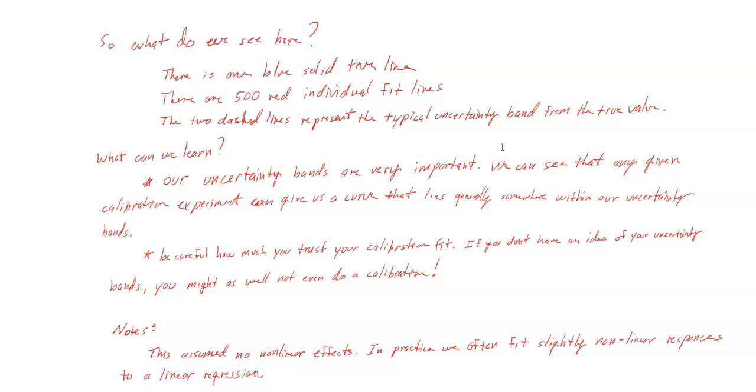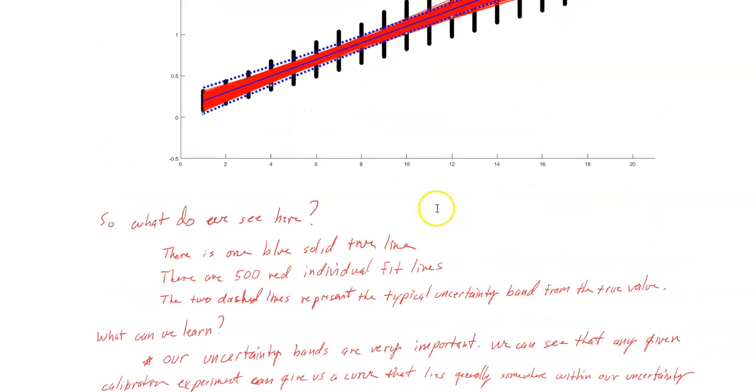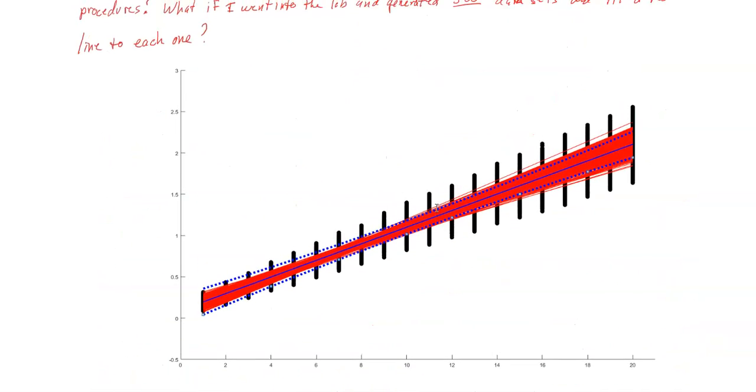And now one important note is that this assumed no nonlinear effects. In practice, we often fit slightly nonlinear signal responses to a linear regression. Now, why? Well, because it's convenient, number one. And number two is because it usually works pretty well.